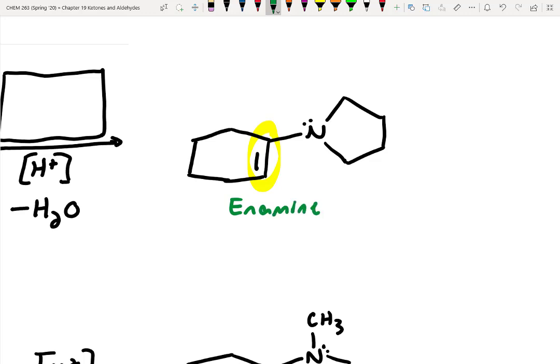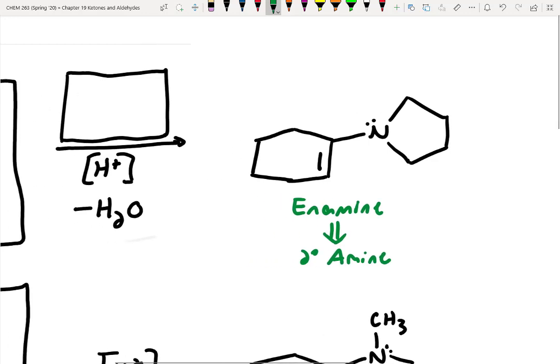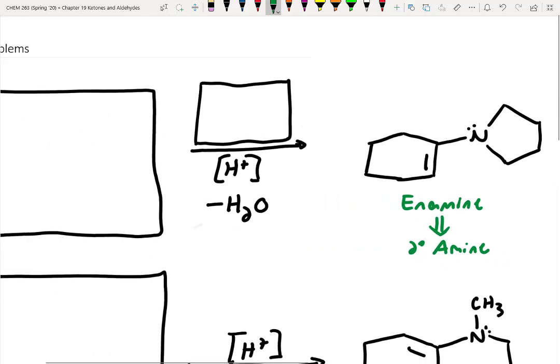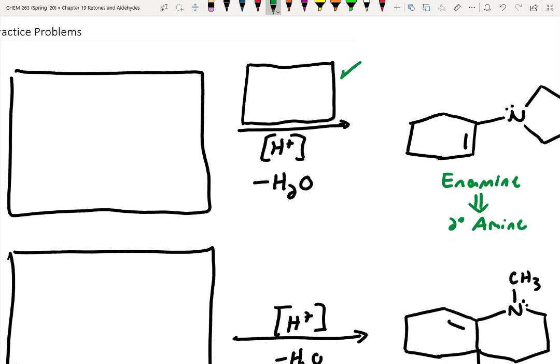We know that imines are formed when we have a carbon-nitrogen double bond, and we don't have that here. We have a carbon-carbon double bond. Furthermore, we know that enamines are formed anytime you have a secondary amine reacting with a ketone or an aldehyde. So that gives us a clue. So let's go ahead and look at the other half. In this portion right here, we probably want to put our amine.